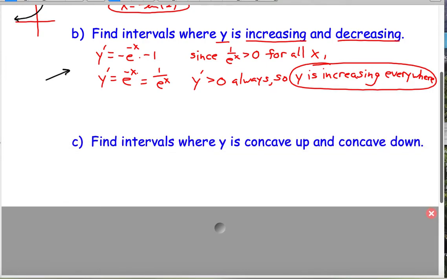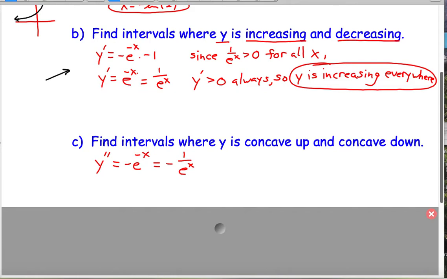Find the intervals where y is concave up, concave down. So same idea, this time for concavity, we look at y double prime. The derivative of e to the negative x is negative e to the negative x, which is the same as negative 1 over e to the x.